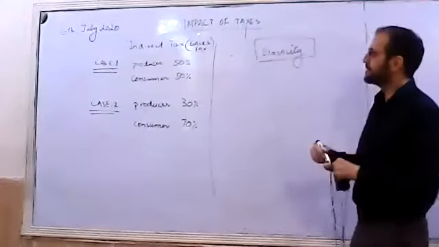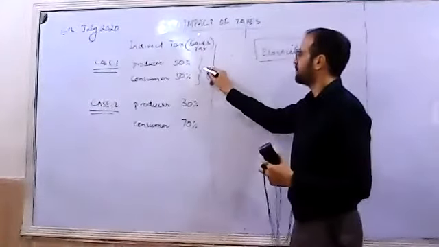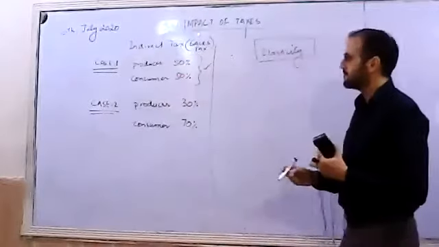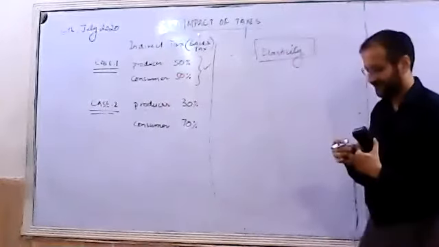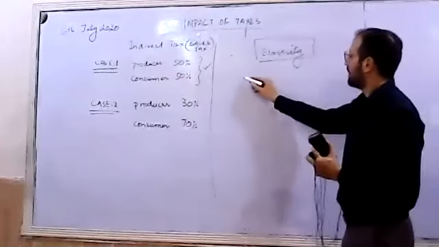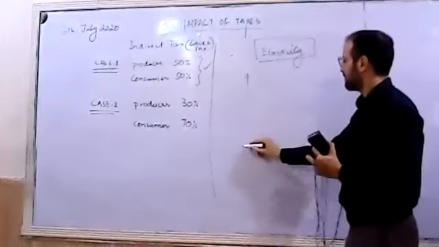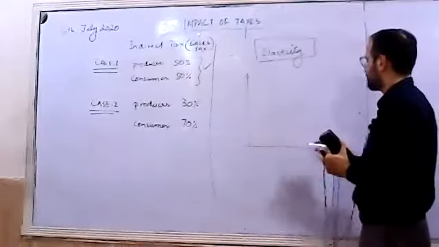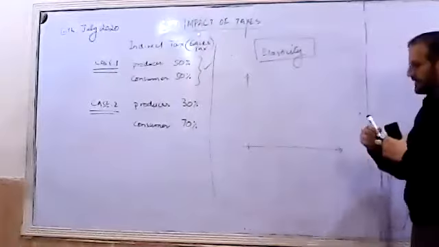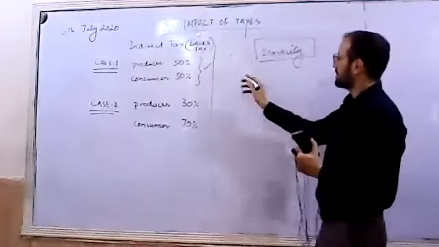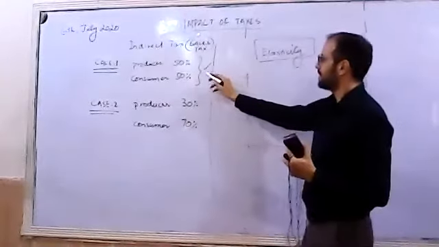So we are going to discuss the very first case, that is case 1, where the producer is going to take 50% burden on themselves and 50% on the other. So for that, we are going to draw a diagram, and it depends on which elasticity it should be.